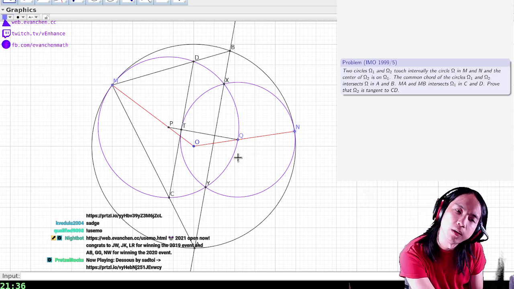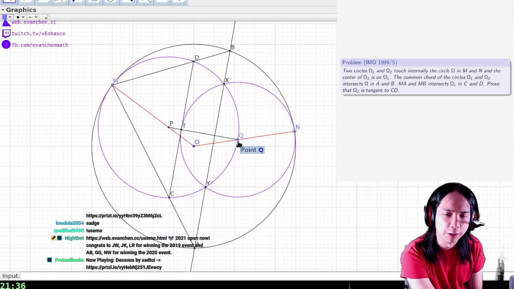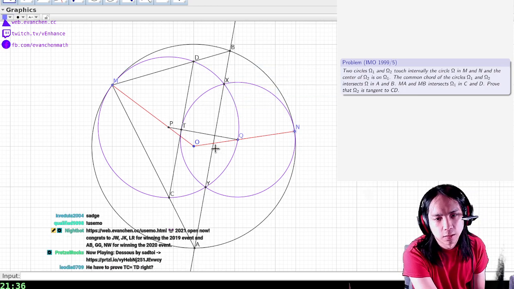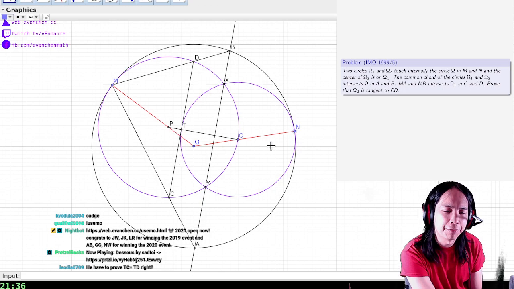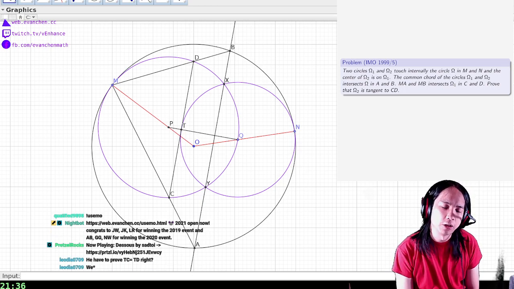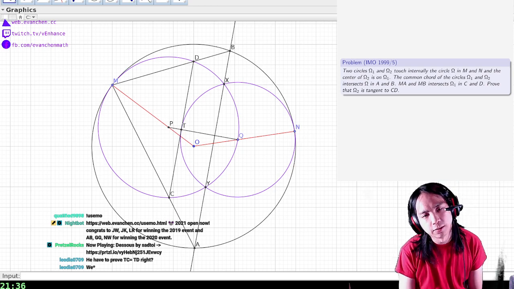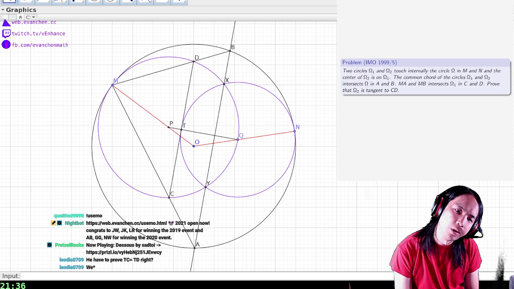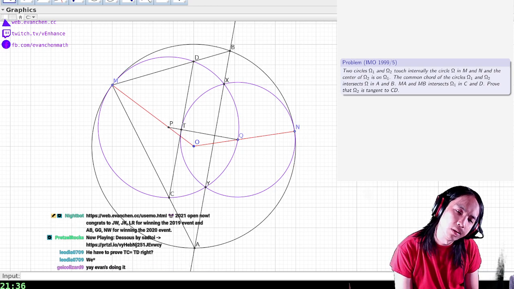Okay, well... Okay, so Q is just the arc midpoint actually then, right? Of... Yeah, I feel like the reference triangle actually wants to be triangle MCD. So you have a triangle MCD, Q is the arc midpoint, T is just the midpoint of CD, period. And you want there to be a circle.